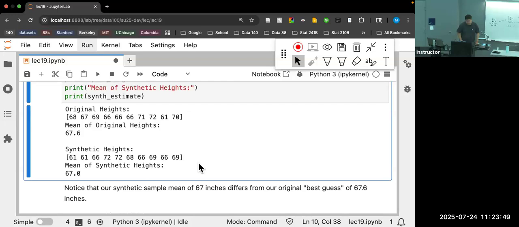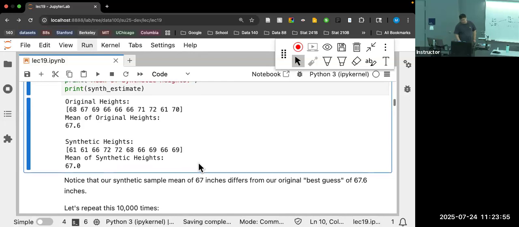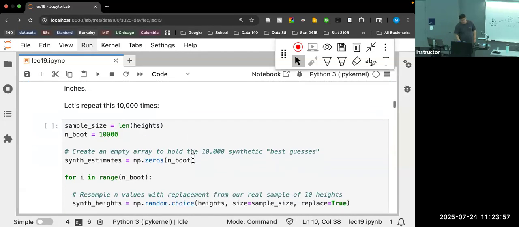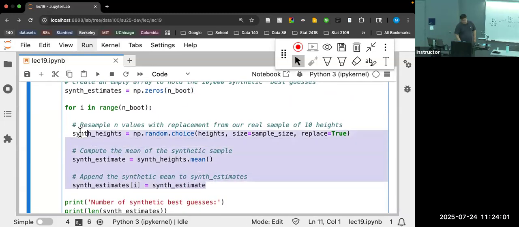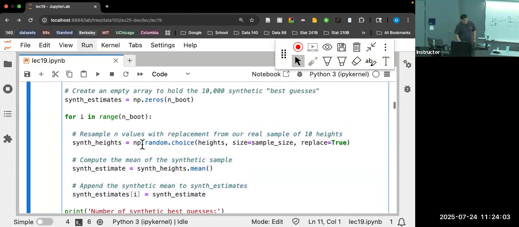And then here, the average for this sample is 67. Okay. And now what we're going to do is stick that code snippet into a for loop, and then we'll do it 10,000 times. So we're drawing 10,000 bootstrap samples.